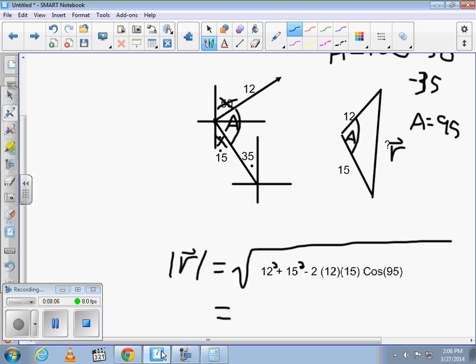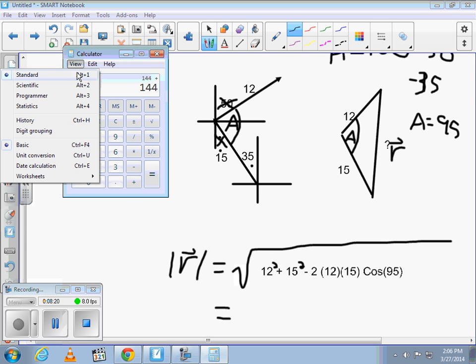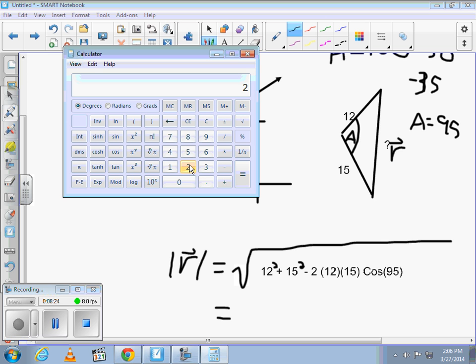So that makes this magnitude, so we have 12 squared plus 15 squared minus 2 times 12 times 15 times the cosine of 95 degrees.